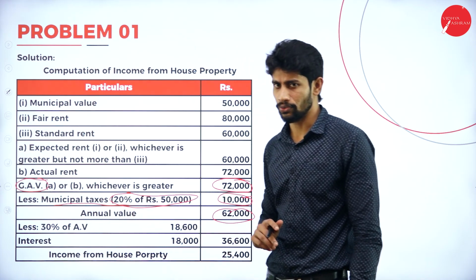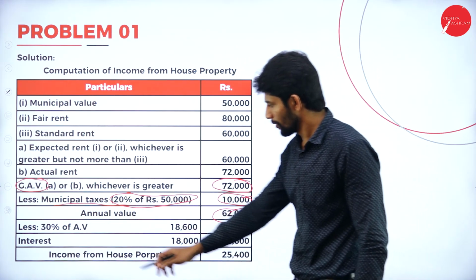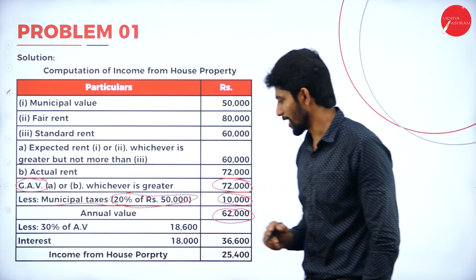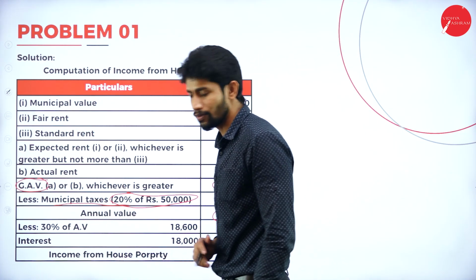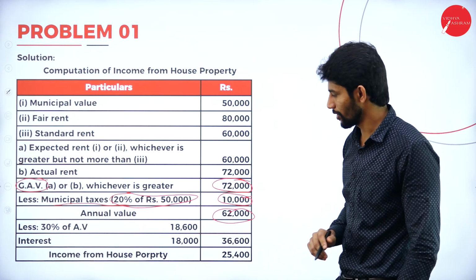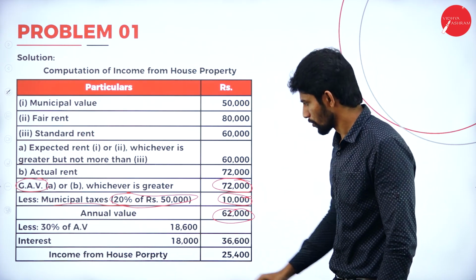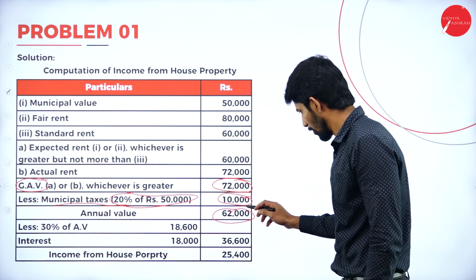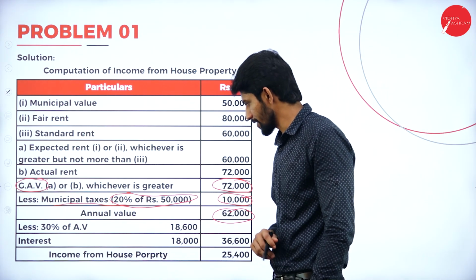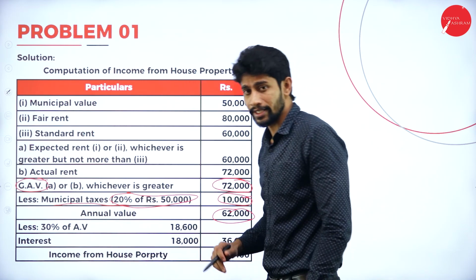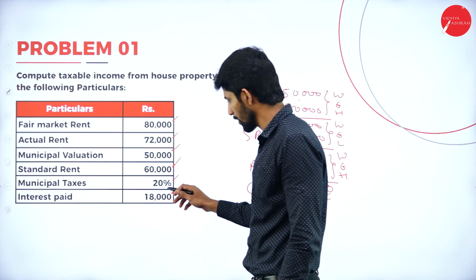Annual value. So from annual value, less 30% of annual value. That is the standard deduction. 30% of annual value is the standard deduction under section 24. So compute 30% on 62,000. Here you will get 18,600. And interest, yes, interest is given in the problem, 18,000.